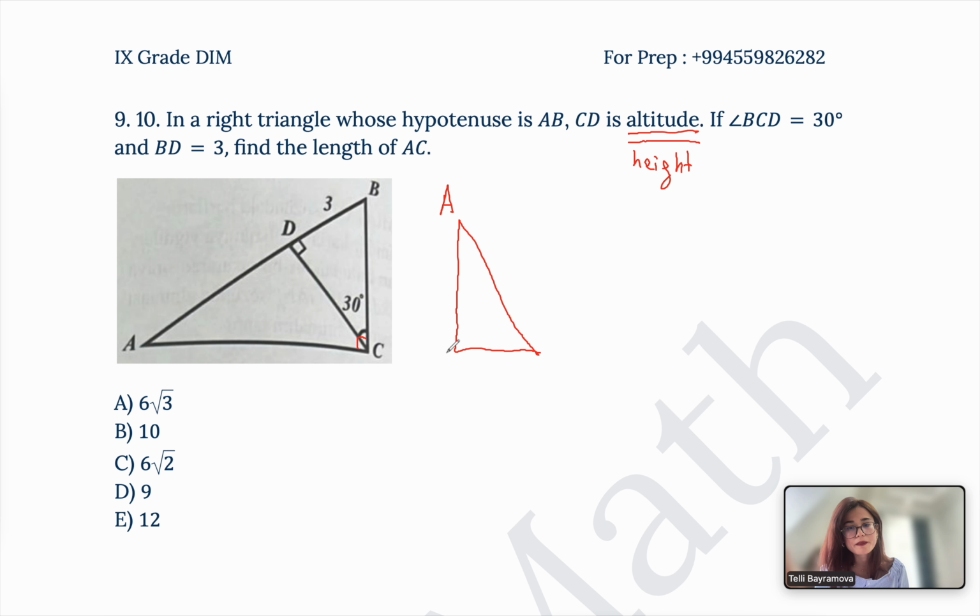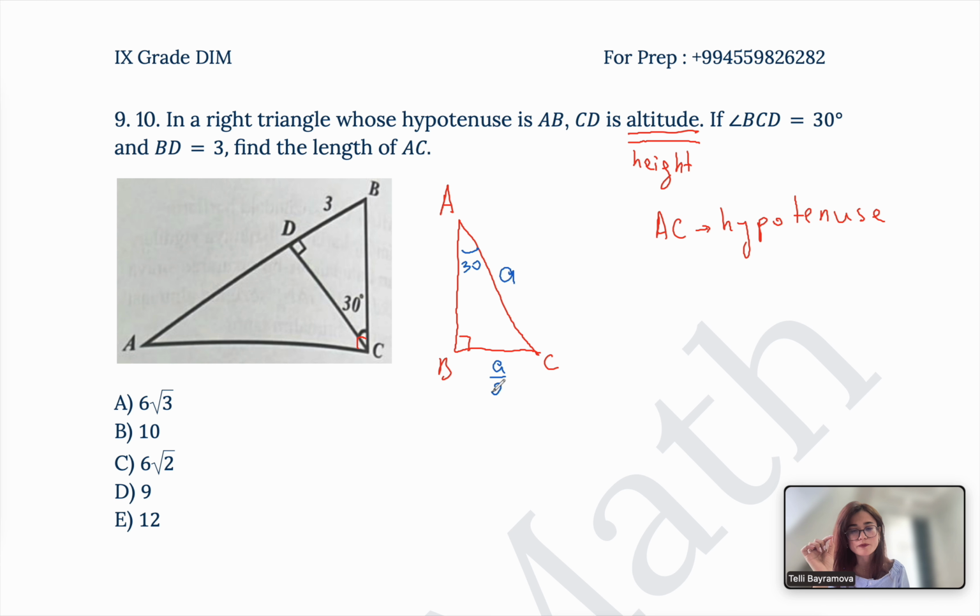Let's say A, B, C. For a right triangle, if it's 90 degrees, as you know, AC is the hypotenuse. Right, hypotenuse. Okay. Let's say the hypotenuse is A. The side which is opposite to 30 degrees, BC, is half of the hypotenuse. Just repeat this sentence. The side which is opposite to 30 degrees is half of the hypotenuse.